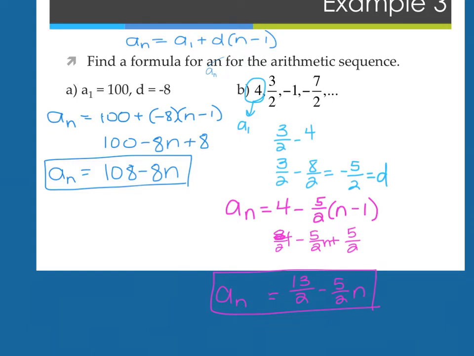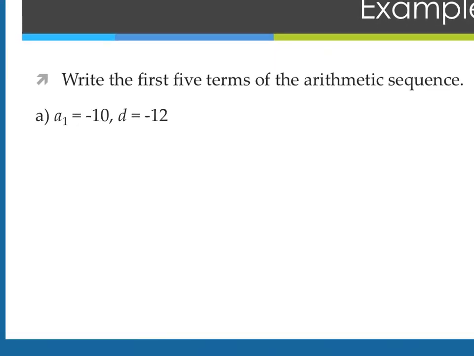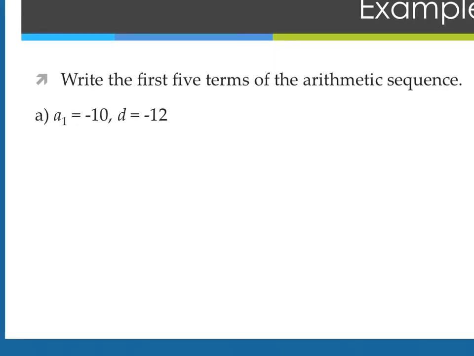Everybody still good? Yes? All right, write the first 5 terms of the arithmetic sequence. So I would say you kind of have 2 choices here. One is if it actually said first find a sub n, then you would want to do it the way we just did it. I would want to say a sub n equals negative 10 plus negative 12 times n minus 1.